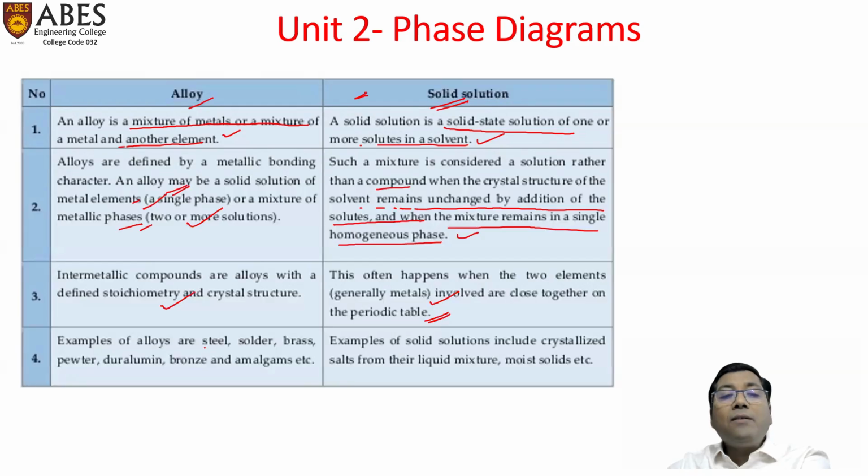Examples of alloys are steel, solder, brass, pewter, duralumin, bronze, amalgams. These can be the examples of alloys. And examples of solid solutions include crystallized salts from their liquid mixture, moist solids, etc.